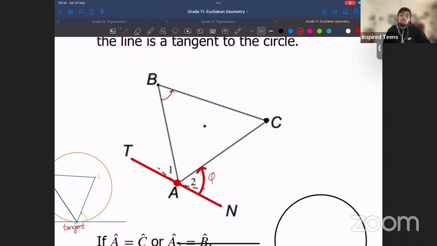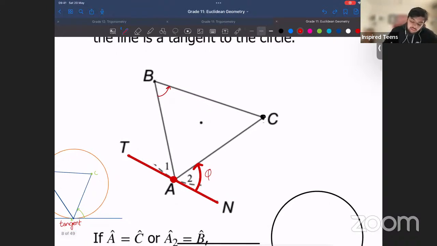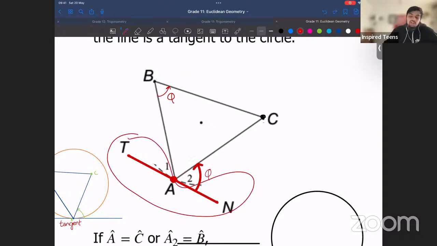They don't have to draw in that circle as well. They won't give you that circle. So again, if you can prove that the angle between our supposed tangent, the line TAN, and the line AC, or chord AC, is equal to the angle subtended by line AC, without using the tan chord theorem reason, of course, because we haven't proved that this is a tangent as yet.